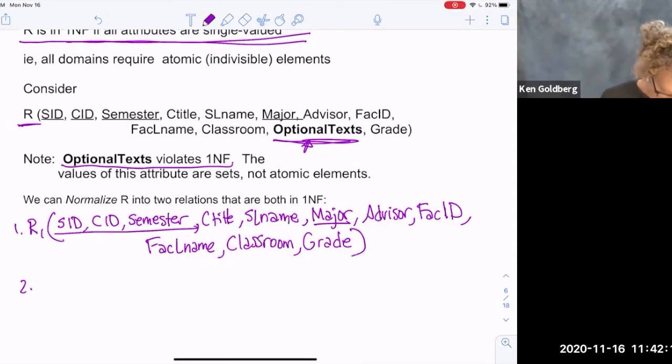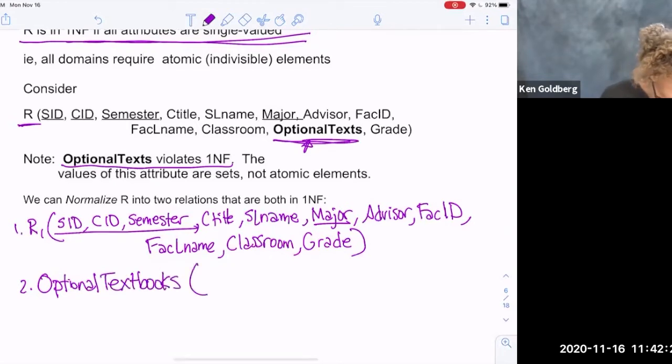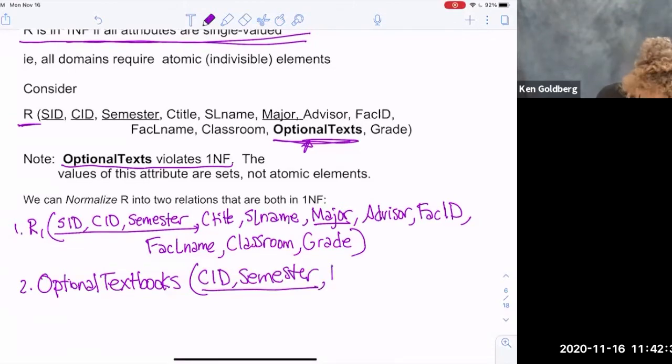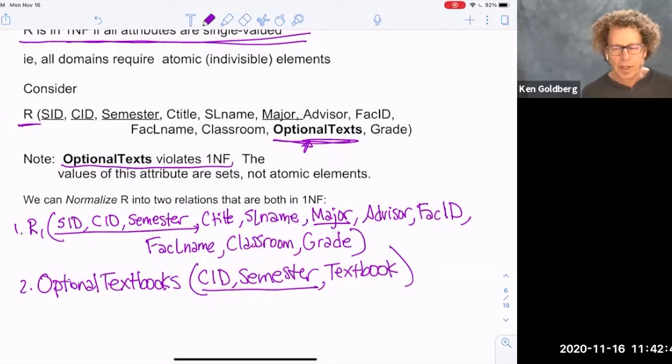So I'm going to call it optional textbooks, and we'll have CID, semester, and textbook. Okay. Now, anyone want to notice anything a little bit fishy about that? Is that right, what I wrote down for 2?